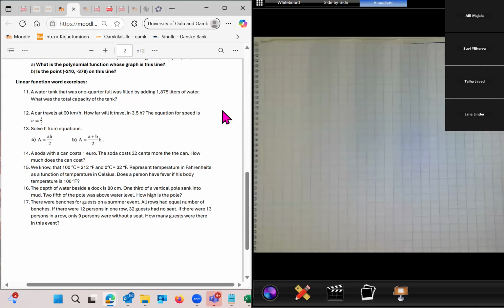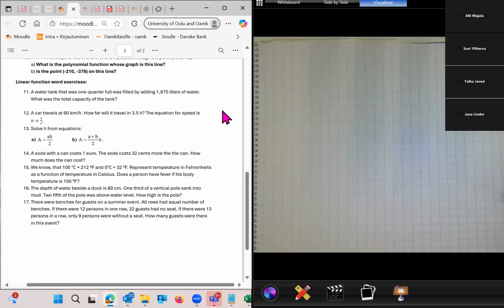Oh, there's 2 times the word was. Maybe you understand still what is said in the exercise 11. Do you understand what it means?